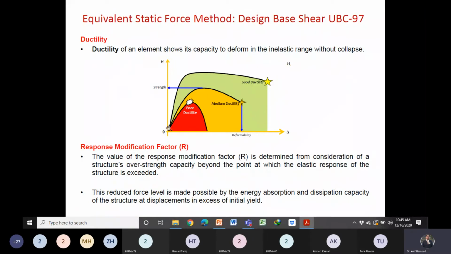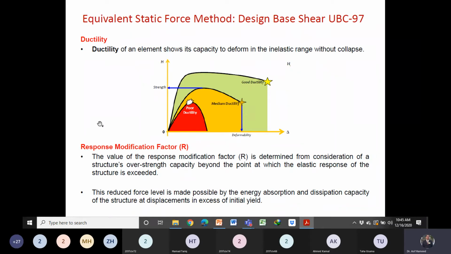Ductility. Look at these 3 graphs. This is the load deformation relationship for one structure, for the other structure, for the third structure. So this structure is ductile, having good ductility. This structure has medium ductility, and this is brittle.